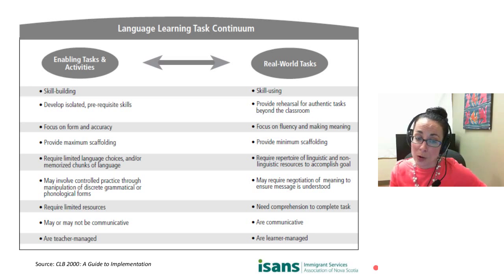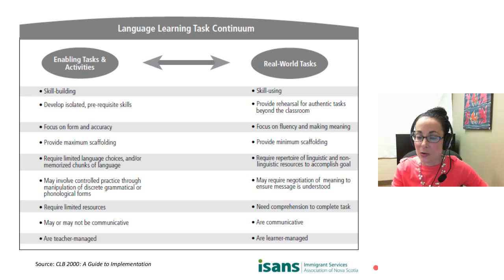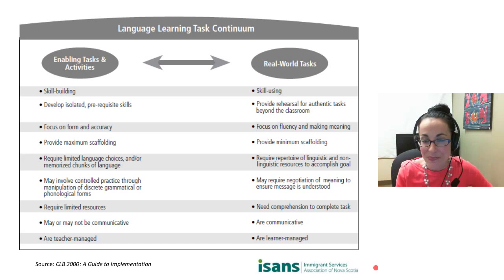So develop isolated prerequisite skills, again, just kind of like what Jenny was saying, the real world task is like a practice authentic task. So yeah, develop the skills, and then again, within the classroom or beyond, depending on where you're at, real world or moving on to authentic, provide the rehearsal for authentic tasks beyond the classroom. Okay, perfect.